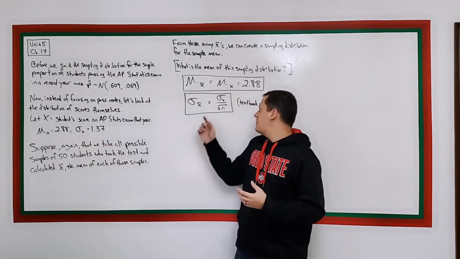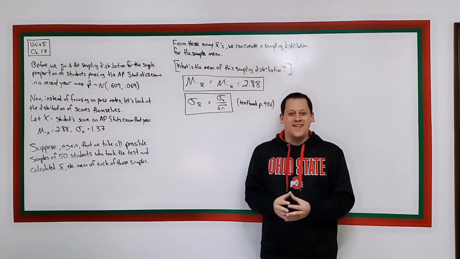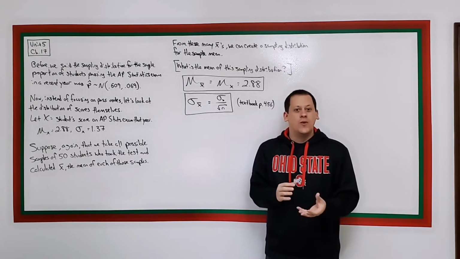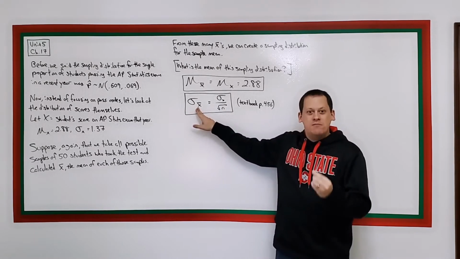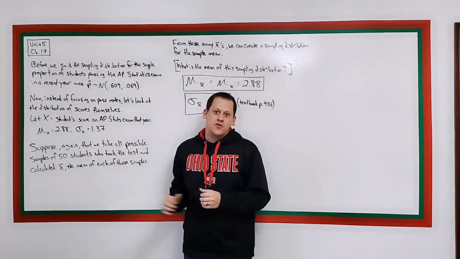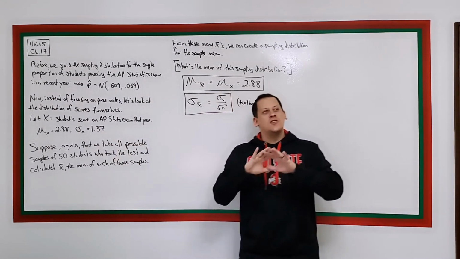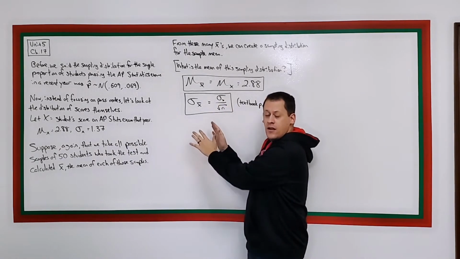You're going to have lots of x bars that are like 2.9, 3.1, 3.2, 2.6. Those x bars are going to tend to be much closer to the mean than the individual scores were. So that's just one way of seeing why this formula makes sense.